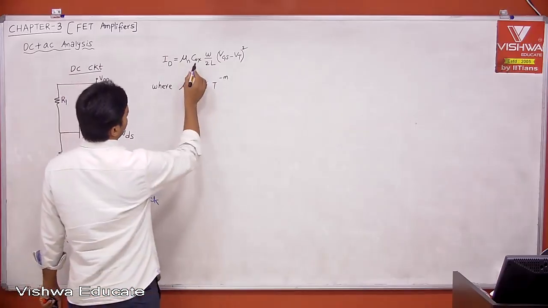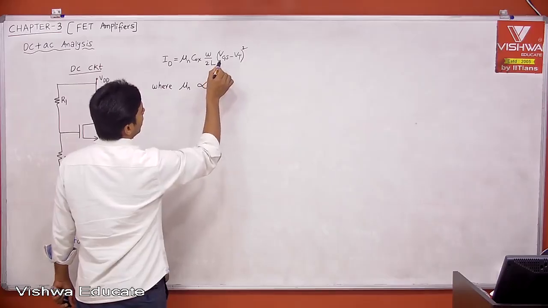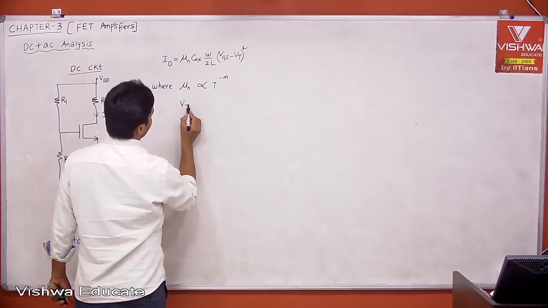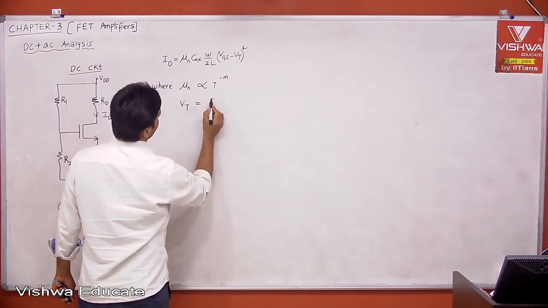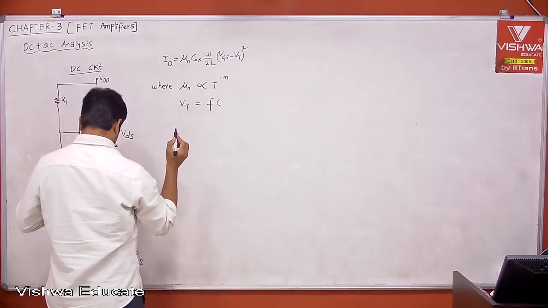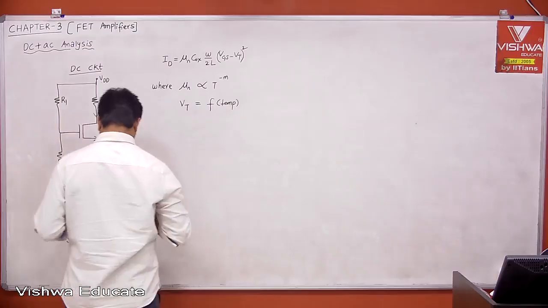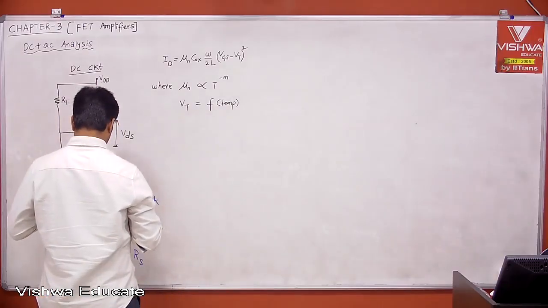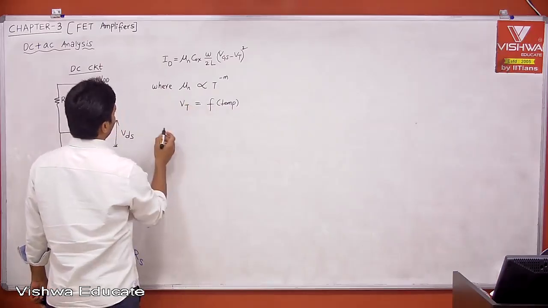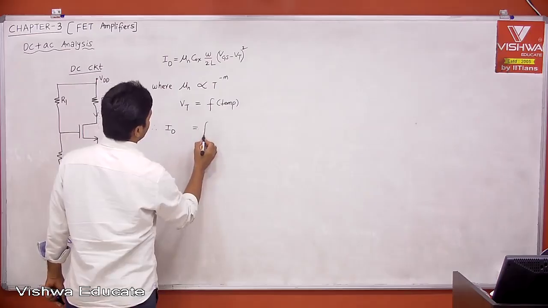Cox, W and L are process dependent, VGS depends on the bias voltage, and VT, the threshold voltage, is also a function of temperature. All together, therefore, the ID is a function of temperature.